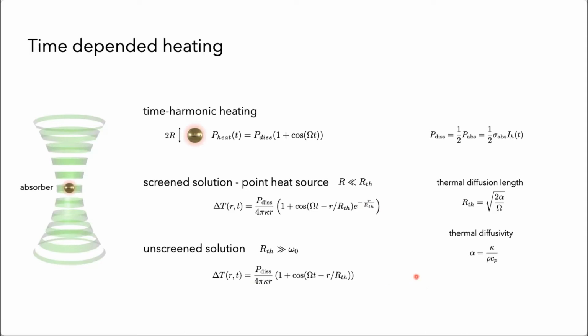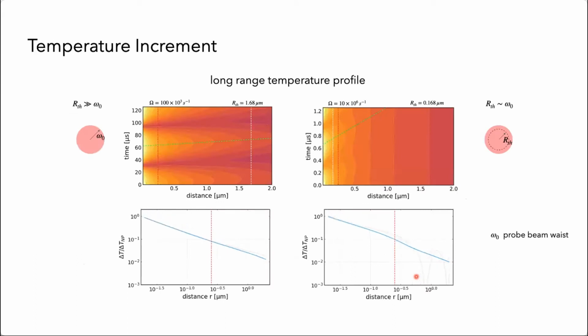So this is just a time-dependent heat source, and here's a picture that should illustrate what I just said. In principle, you create that 1/r long-range temperature profile, which is shown here. The color scale is the temperature rise in a log scale, on that axis is the time, and on that axis is the distance.